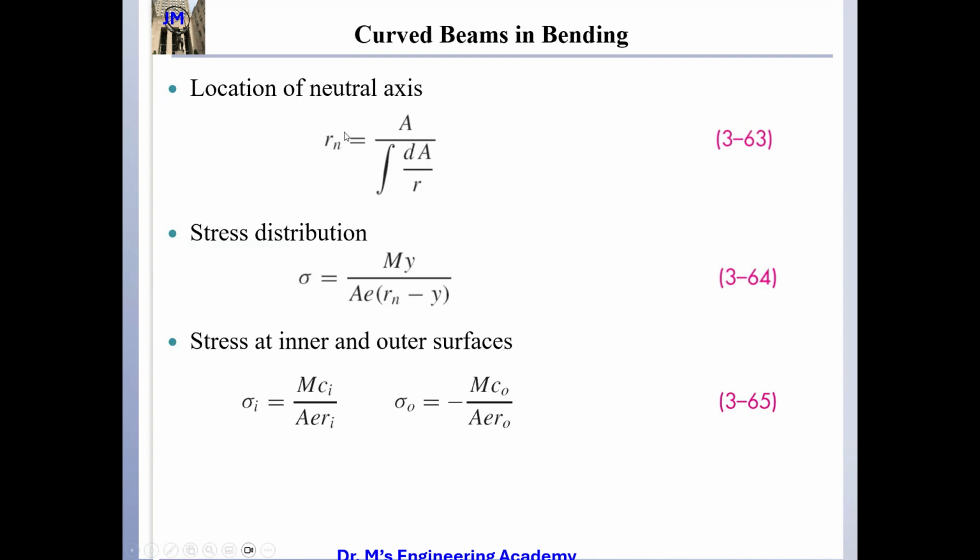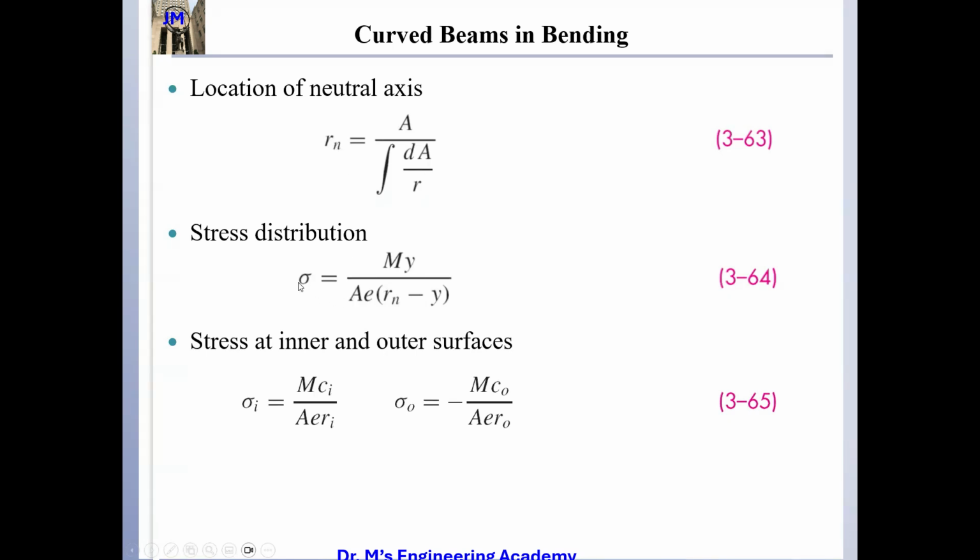Get this rn first, and then you can calculate the distance between the point of interest and the neutral axis. e is the distance between the neutral axis and the centroidal axis. So you can see rn is the most important one.